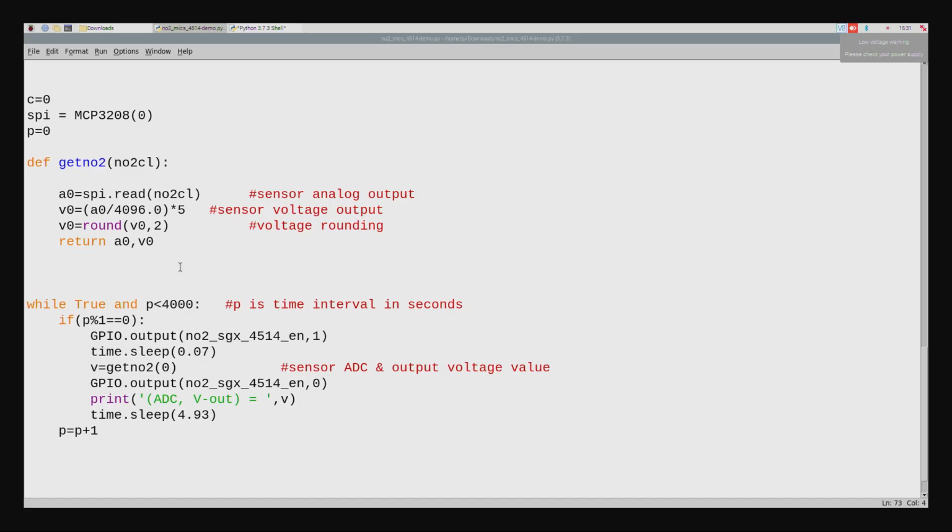This is how you acquire the data. Once you know your input voltage, the data sheet of SGX would tell you what processing you will have to do. You do a few more manipulations and you will be able to read NO2 quite accurately.